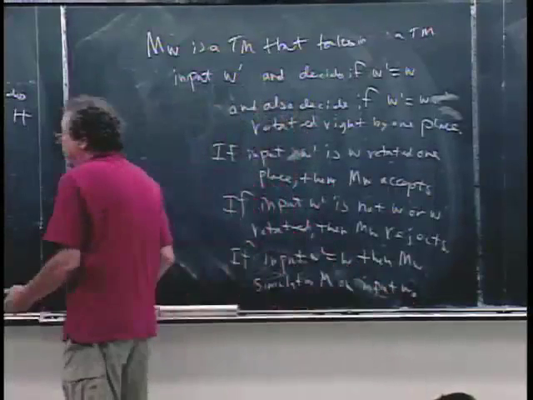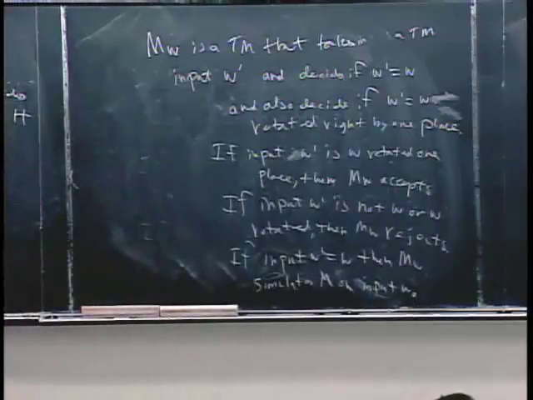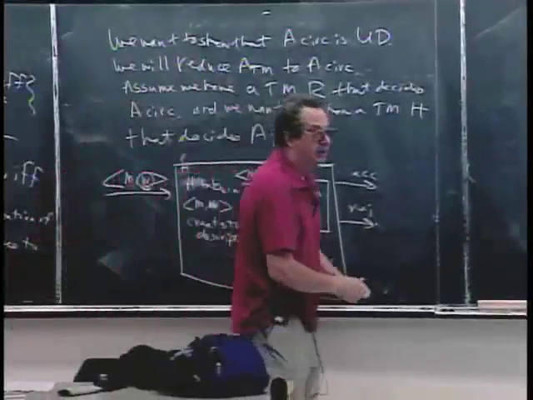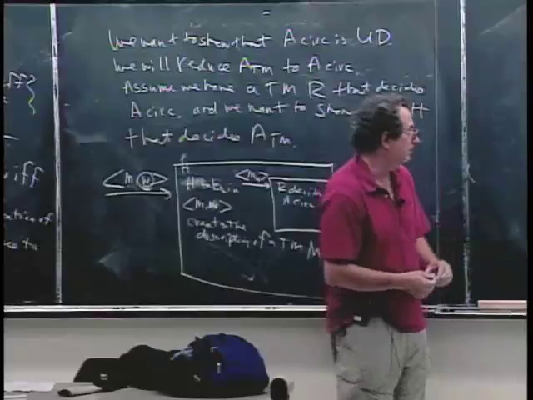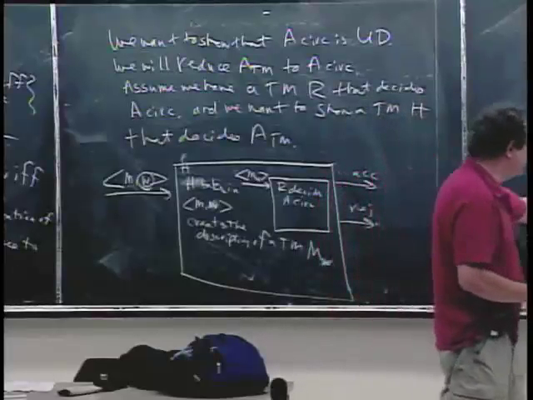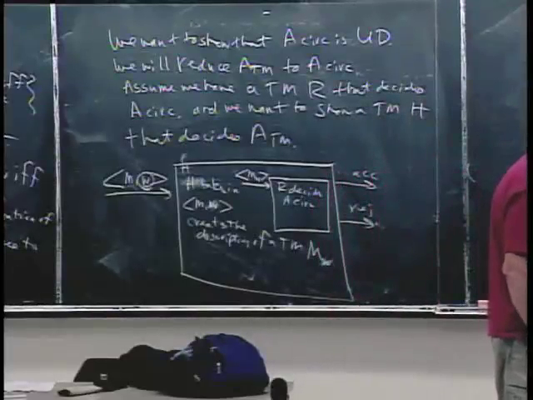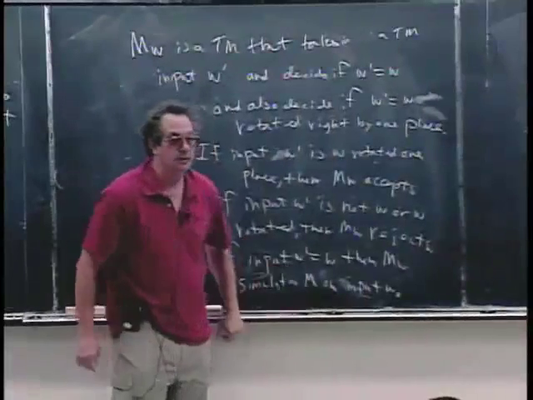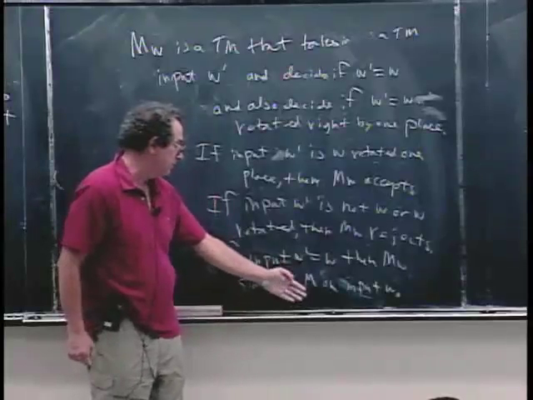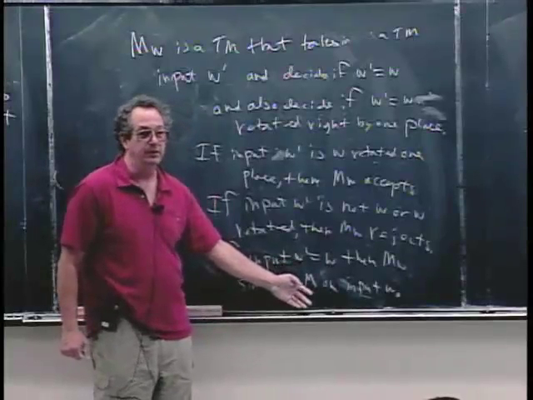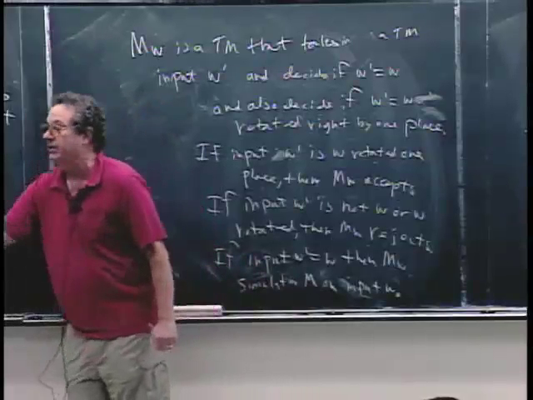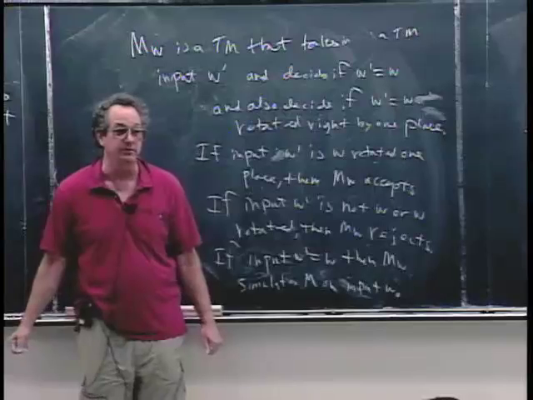But if it's W, then what it does is it simulates M on input W. And it knows M, because M was input here, H takes in that input and creates a description of MW. And so again, can H create a description of the MW which can simulate M? Sure. It just has within it essentially the description of a universal Turing machine.